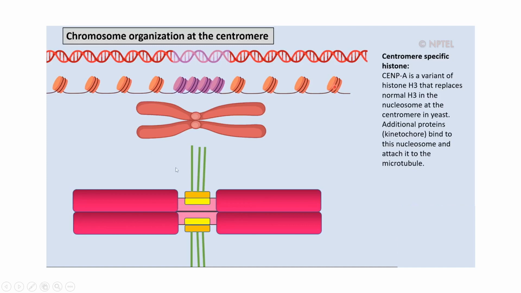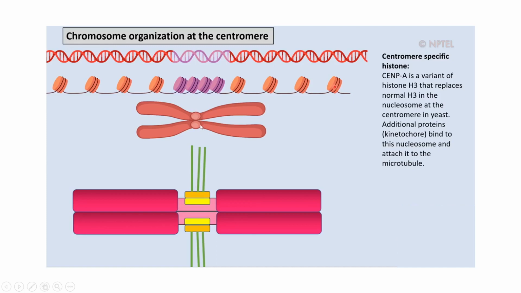As we discussed in previous classes, the centromere is the position around which the two daughter chromatids are attached to each other. At the centromere, the kinetochore gets attached, and the kinetochore attaches the mitotic spindle. Microtubules attach to this kinetochore and allow the separation. So this region needs to be very rigid.